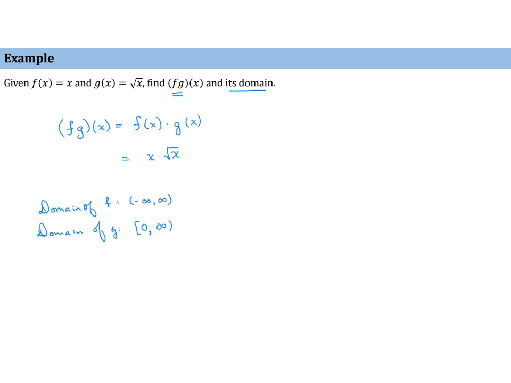Now, to find the domain of f plus g, we look at where those two overlap. So the domain of f plus g will be where negative infinity to infinity overlaps with 0 to infinity. So what are the shared values there? It's 0 to infinity.